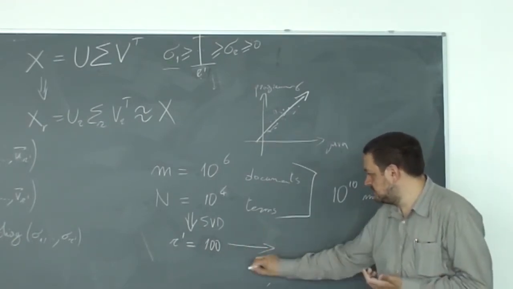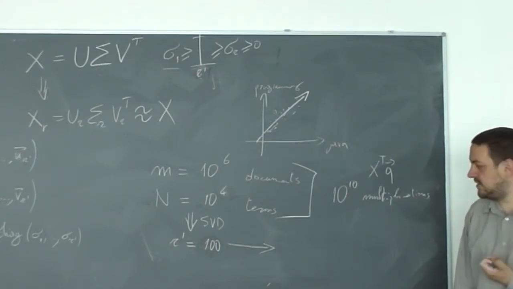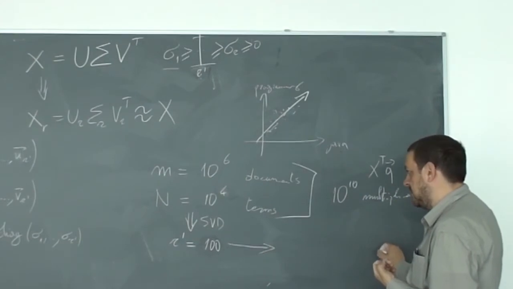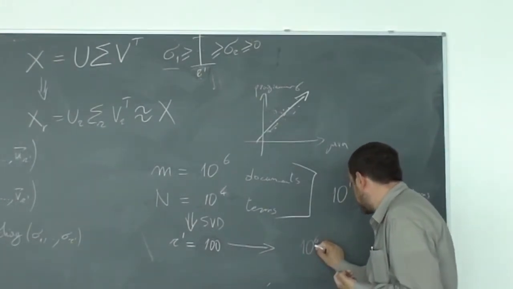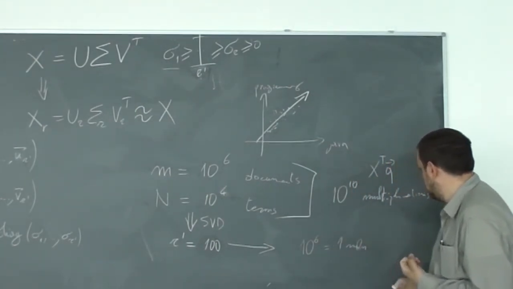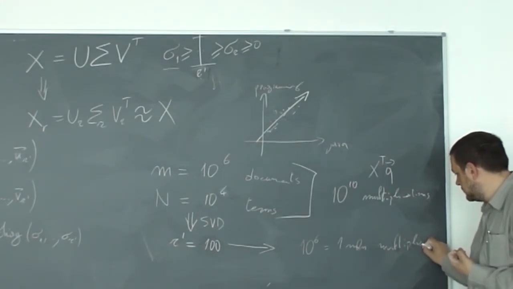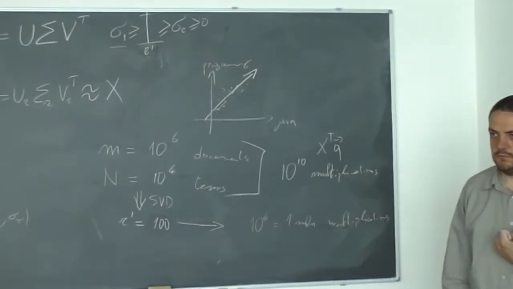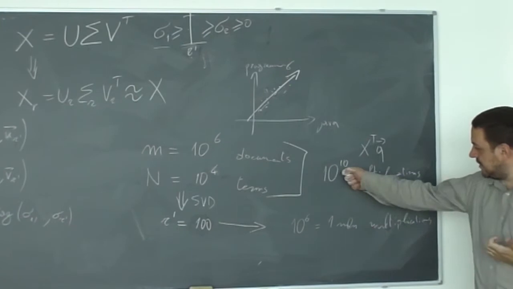Here, we reduce everything to 10 to the 6, meaning 1 million multiplications. From 10 billion to 1 million.